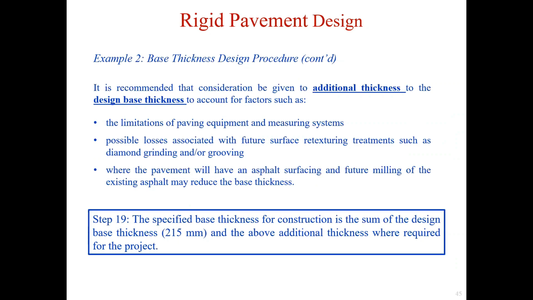Sometimes we need to consider adding additional thickness to the design base thickness to account for the following factors. There may be limitations of paving equipment and machine systems, or future surface retexturing treatment such as diamond grinding and/or grooving may lead to possible losses of the base thickness, or if the pavement has an asphalt surfacing, the base thickness may decrease due to future milling of the asphalt.